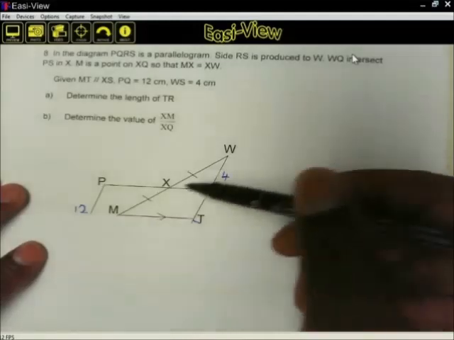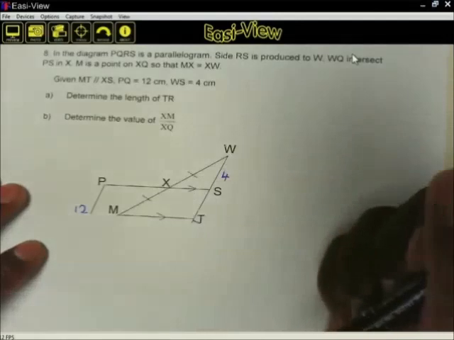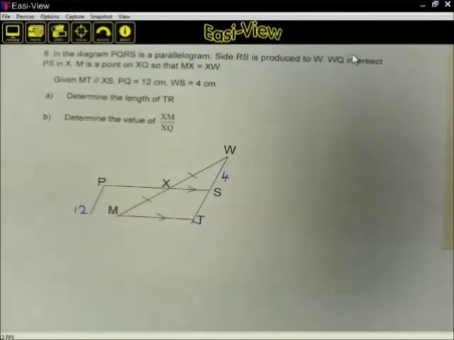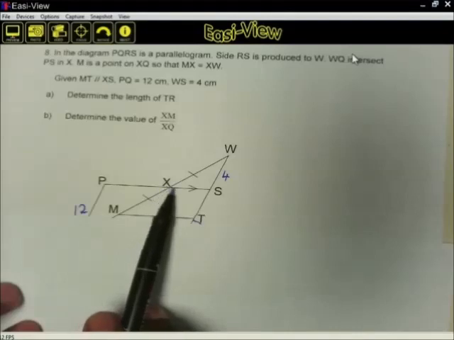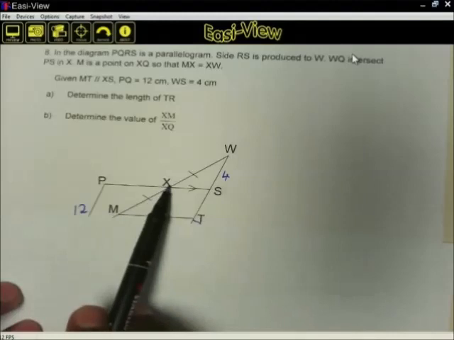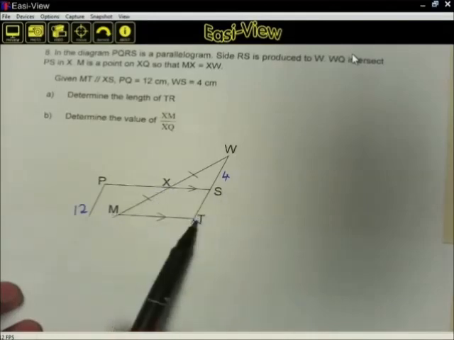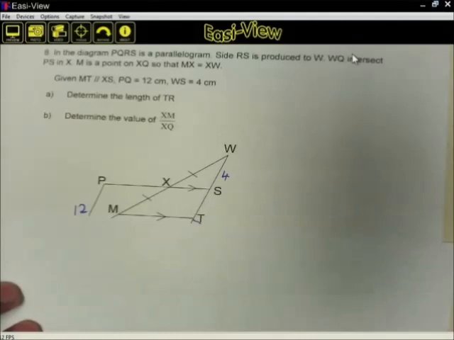It is given that XW is equal to MX. Then you think of the midpoint theorem from grade 10. If X is a midpoint and XS is parallel to MT, what does that mean? It means S is also the midpoint of the other side.